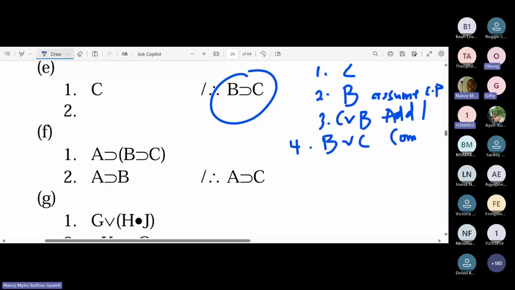Then five becomes what? Then I'll use material implication on the four. On four becomes not B conditional C. I've done that. Everyone, remember we are trying to find C. What should I do next?